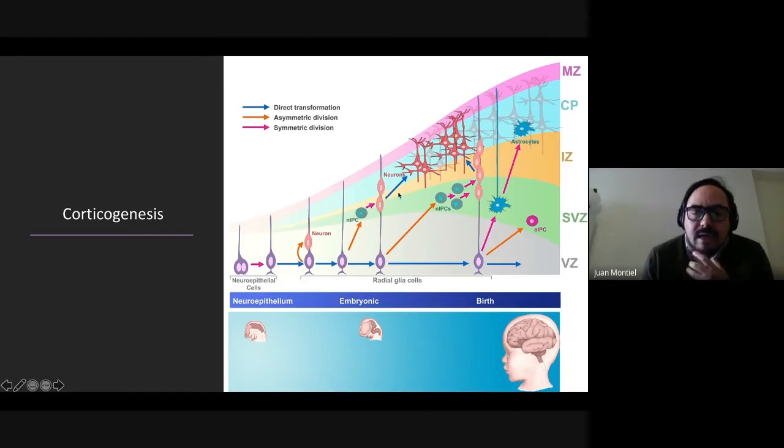So in this case, for the mammalian brain, we have two devices. We have the ventricular zone device that is generating more progenitors, and we have the subventricular zone device in green that is also generating more neurons. At the end of the developmental stage and after birth, we have the generation of astrocytes after the generation of neurons.